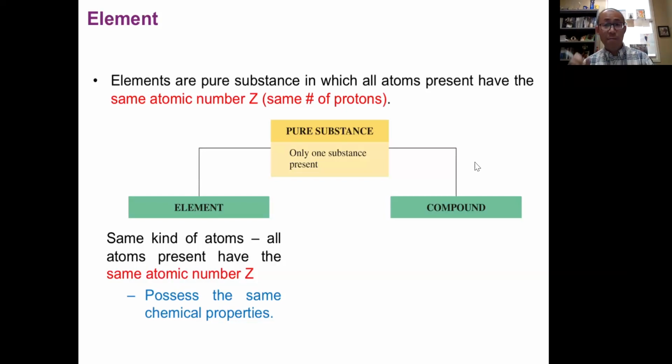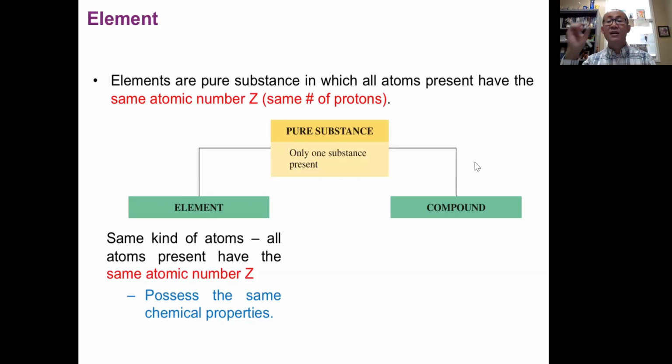The atomic number specifies the number of protons, the type of atom. So elements are pure substances in which all the atoms have the same proton number, or atomic number.